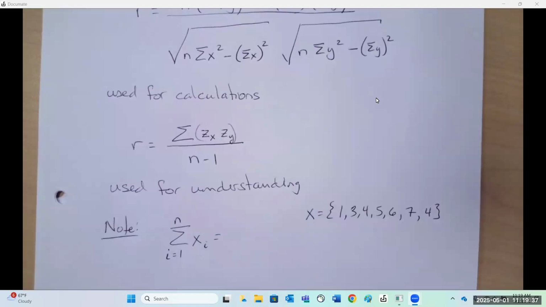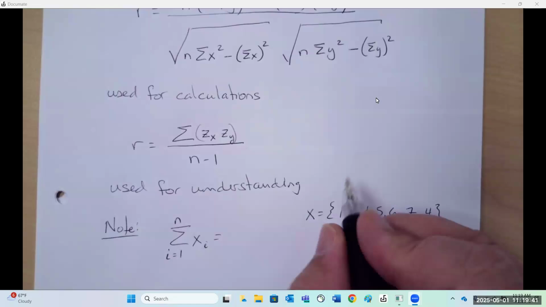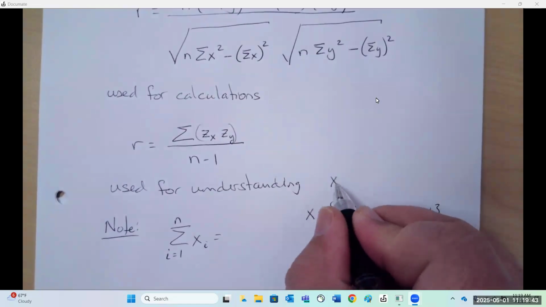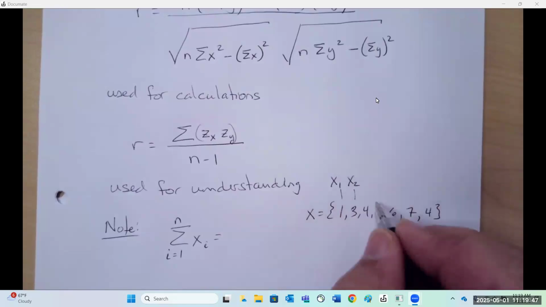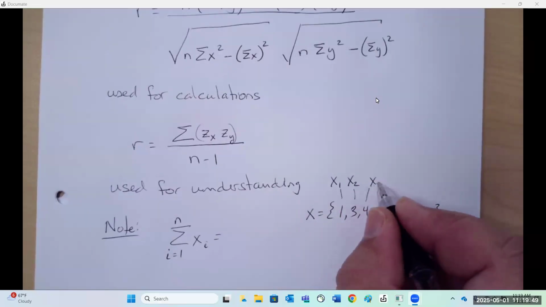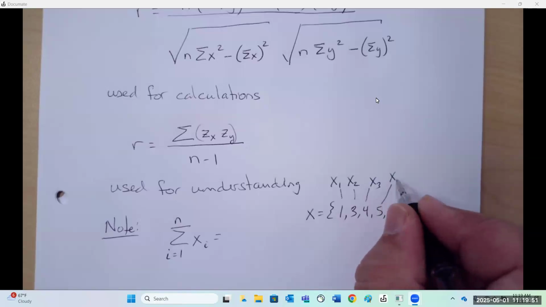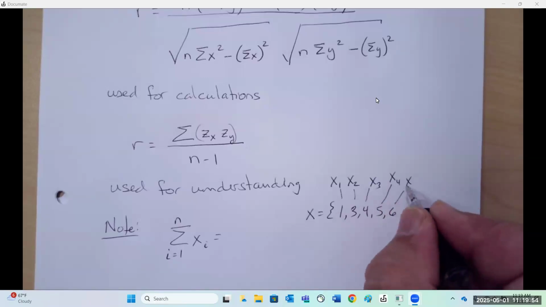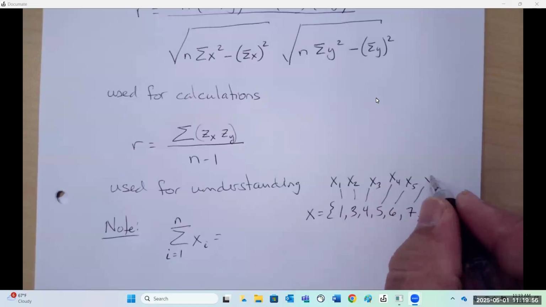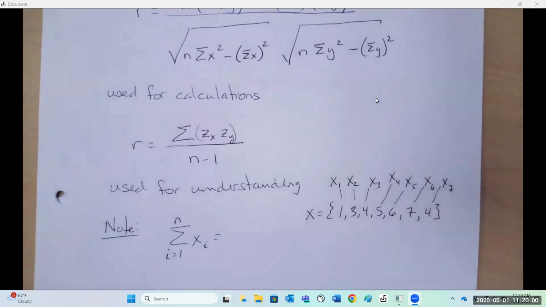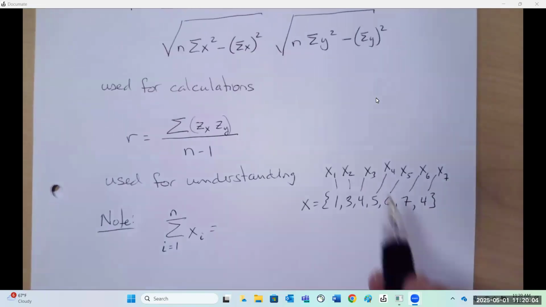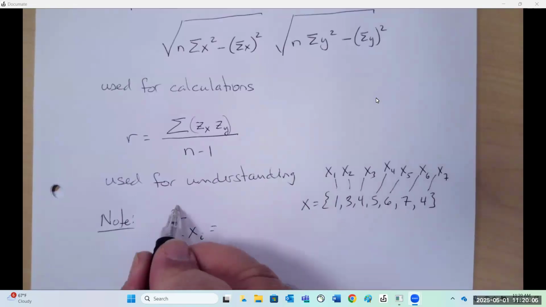So there's my set x. The subscript, the thing on the bottom, means the first one is x sub 1, the second one is x sub 2, the third one is x sub 3, and so on, because it labels which position that value holds. Since I have 7 of them, that's what my n represents.